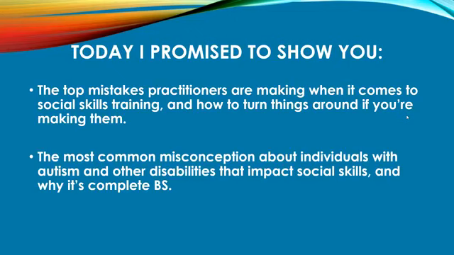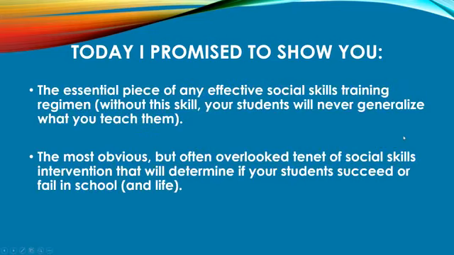And again, the most common misconception being that they don't care, and we already talked about how that is just not true. And then I also talked about the essential piece of that social skills training regimen, which is knowing how to integrate all those three skills together.